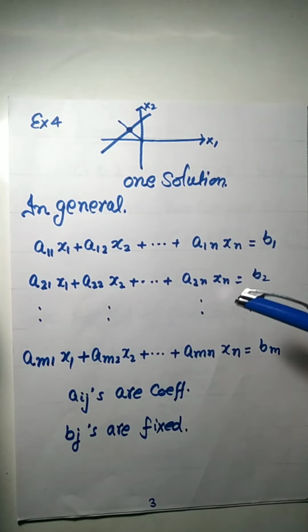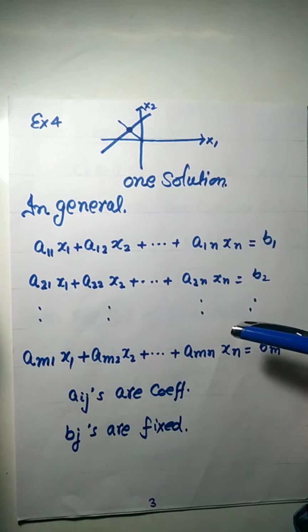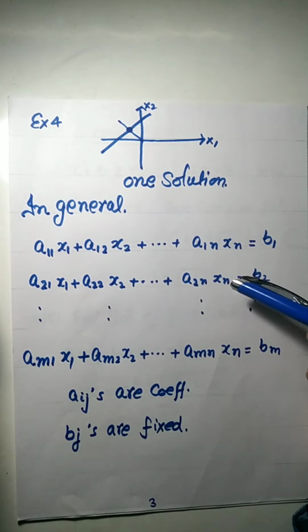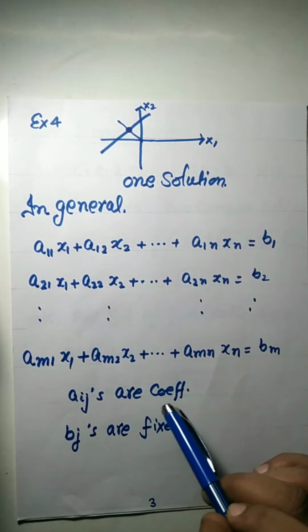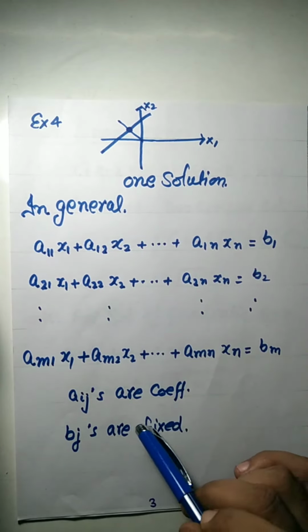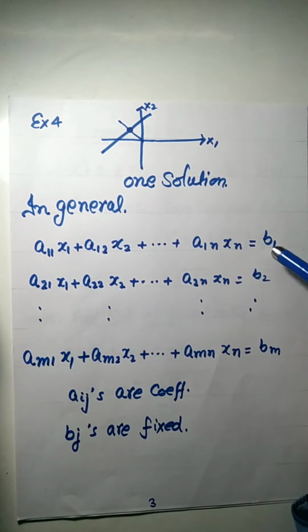This is a system of m linear equations in n unknowns. x1, x2 up to xn is the collection of unknowns, the aij's are coefficients, and the bj's are fixed real or complex numbers.